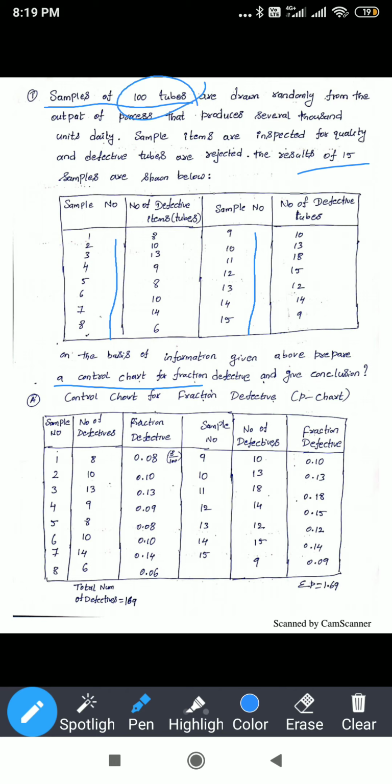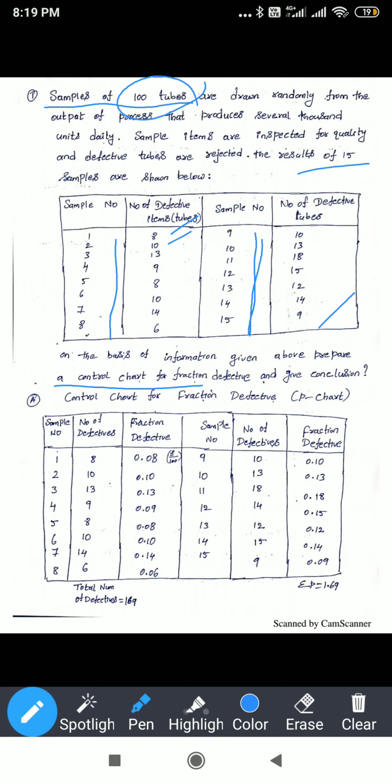In the first sample, out of 100 tubes, 8 were defective. In the second sample, again 100 tubes, and 10 tubes were defective. Similarly up to the 15th sample, 9 were defective out of 100. This is the data given in this question.